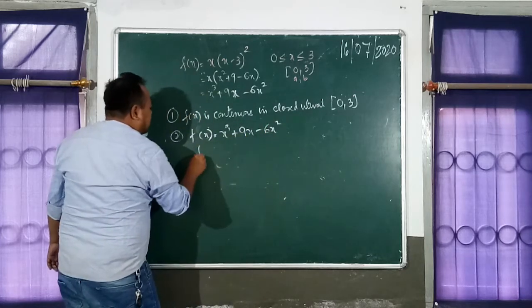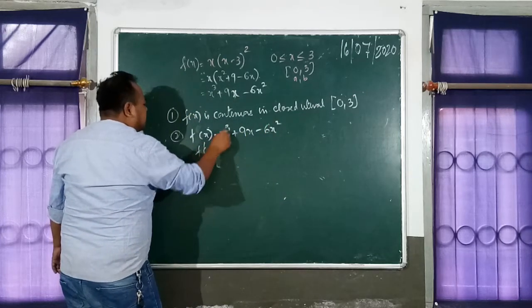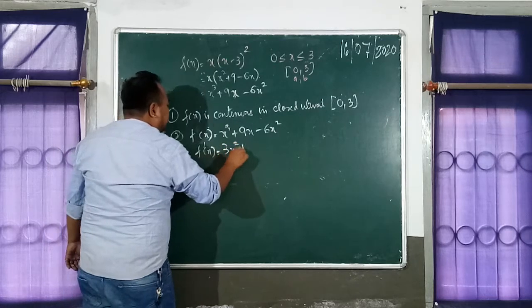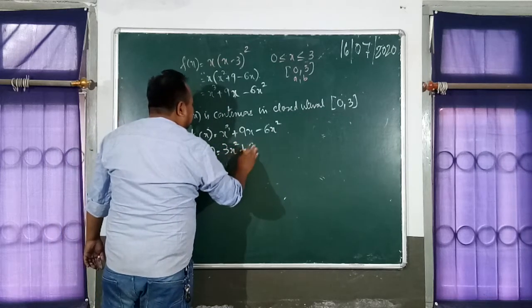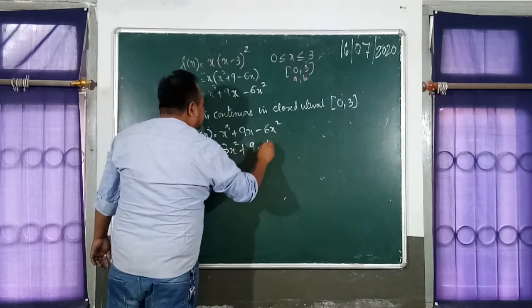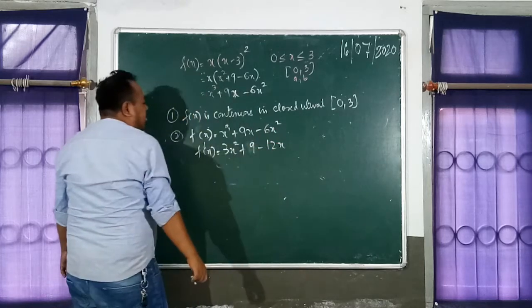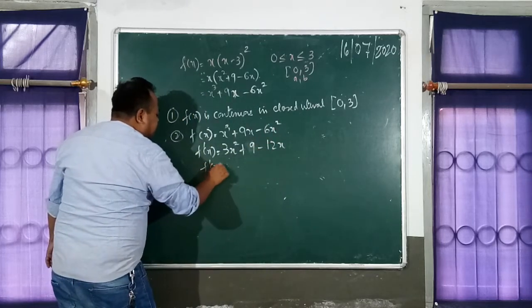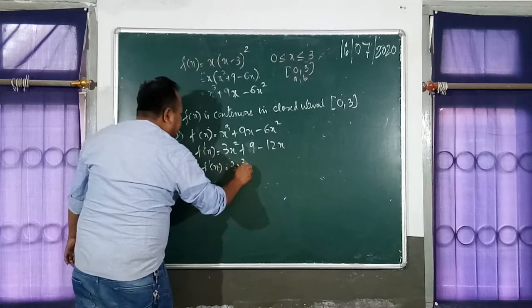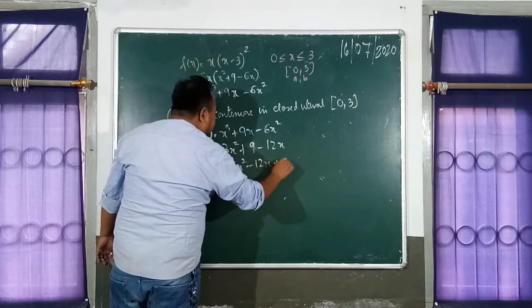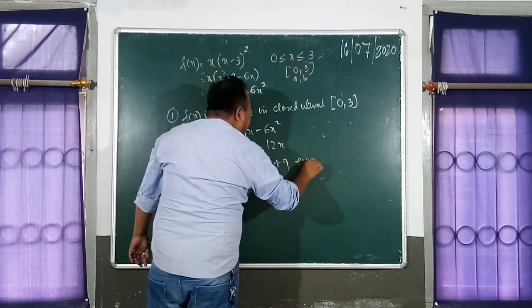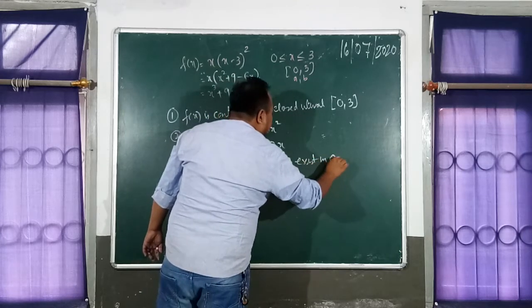So what do we get? f'(x), differentiating, becomes 3x² + 9 - 12x. So f'(x) is 3x² - 12x + 9. So what do I write? It exists in the open interval.